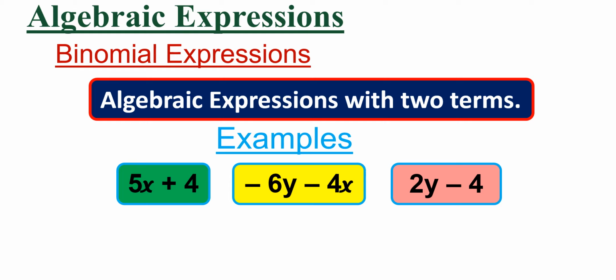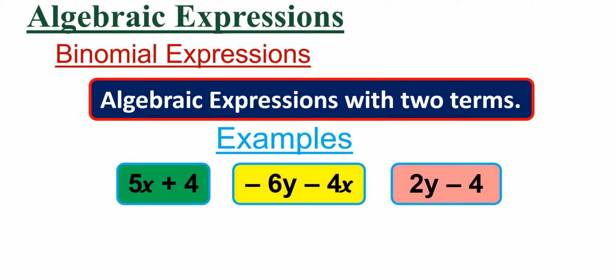With our second example, the two terms are negative 6y and negative 4x. So binomial expression. Again, with our final example, the two terms are 2y and negative 4. That makes it a binomial expression.